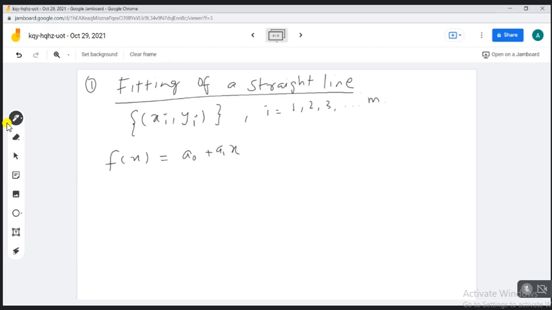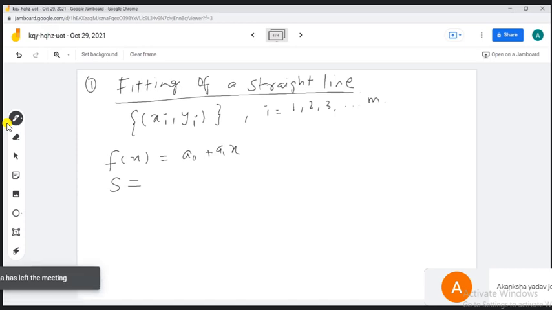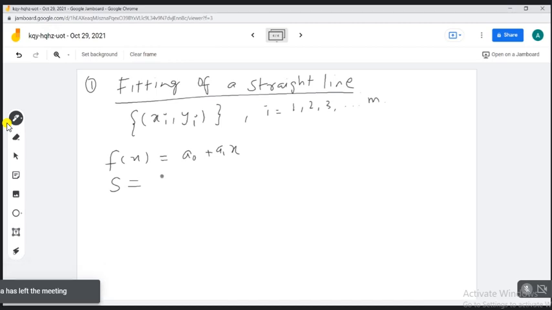Now we'll apply the same procedure. We will construct a function S, as in the previous slide. So how did we write it? We wrote it like y1, which is supposed to be the actual value, minus our functional value at x1.